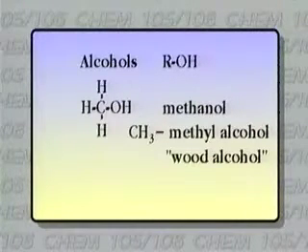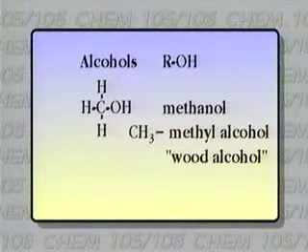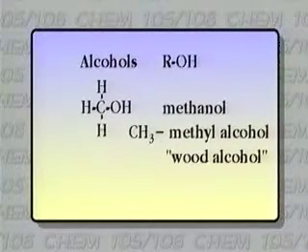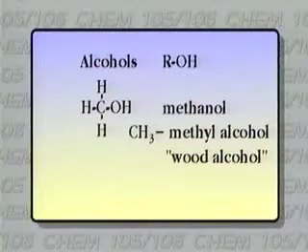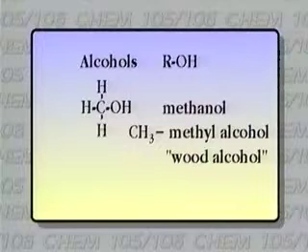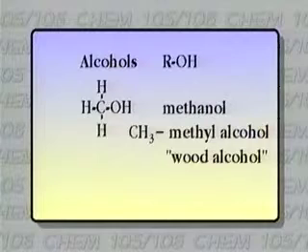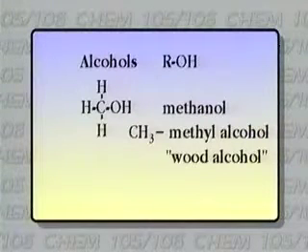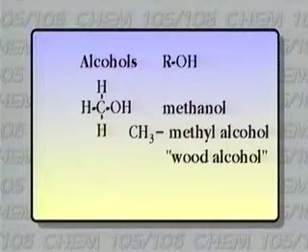That's the official name. A more common naming system in organic chemistry is to name the R group, this little CH3, and then just call it alcohol. Well, the CH4 is methane. The CH3 as a group is called the methyl group.